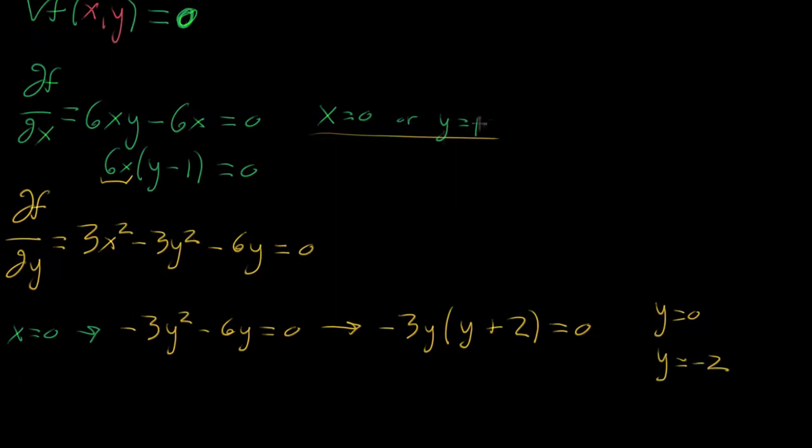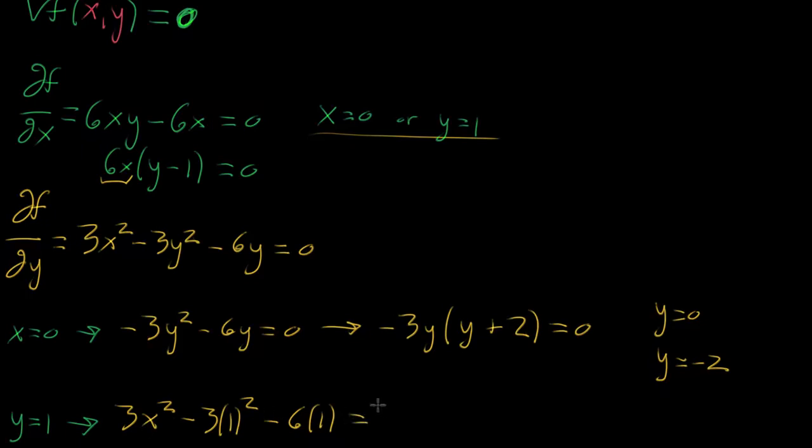Now alternatively, there's the possibility that y equals 1. So we could say y equals 1. And what that gives us in the entire equation, we still have that 3x squared, because we're solving for x now. And then the rest of it becomes minus 3 times 1 squared, so minus 3, plugging in 1 for y, and then we subtract off 6, plugging in that 1 for y again.